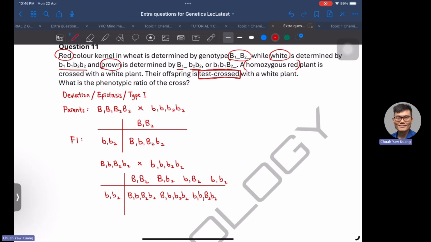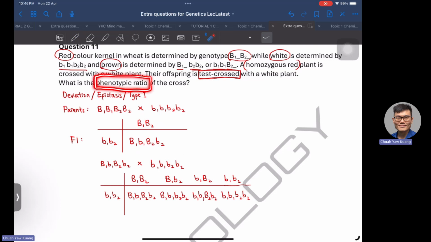Then lastly this one, b1 b1 b2 b2. Okay, so let me move it here. So that is the cross.